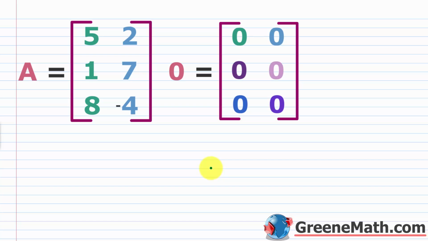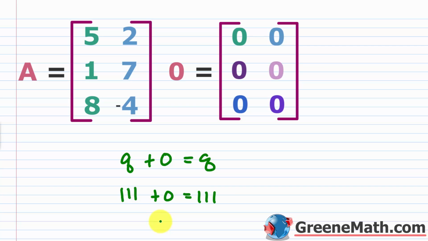Now, I want you to recall that when we worked with real numbers, we said that 0 was the additive identity. What that means is that if I add 0 to something, it's unchanged. So if I use Q and I add 0 to that, I'm going to get Q back. Q is just some real number. For example, if I had 111 and I added 0, I get 111. If I had a trillion and I add 0, I get a trillion.